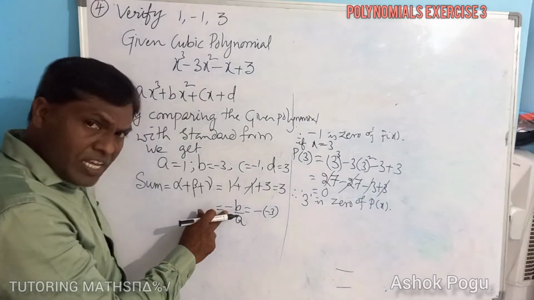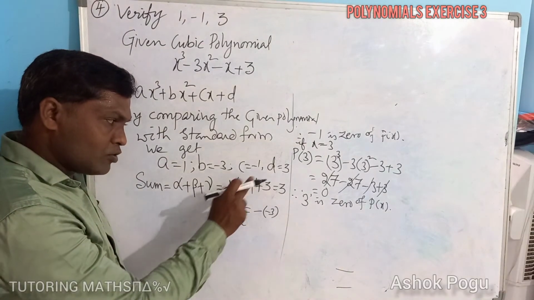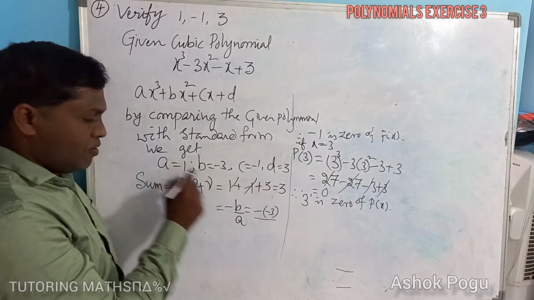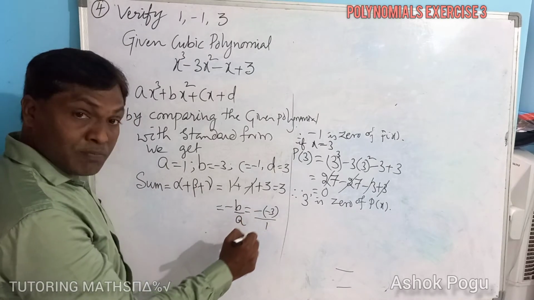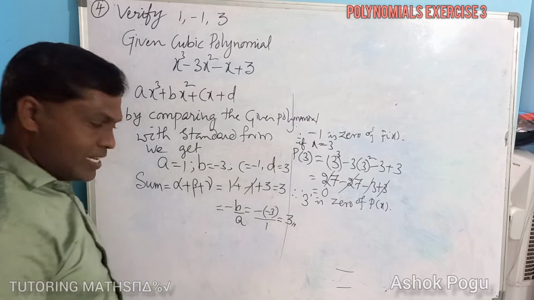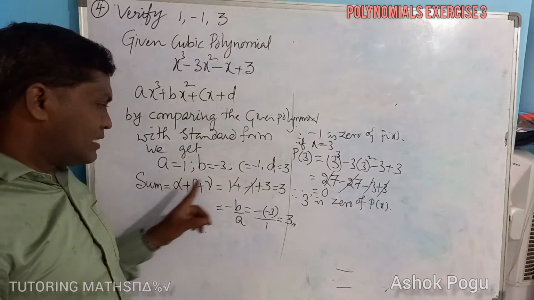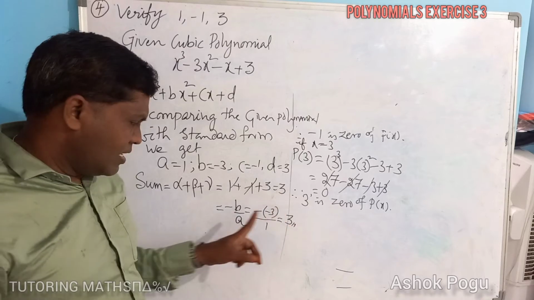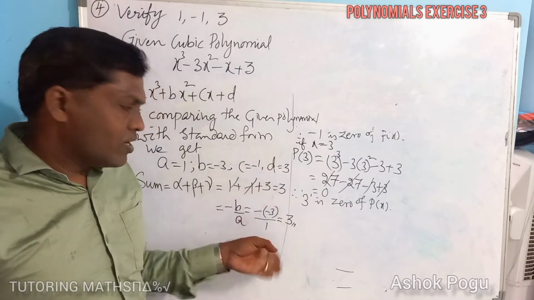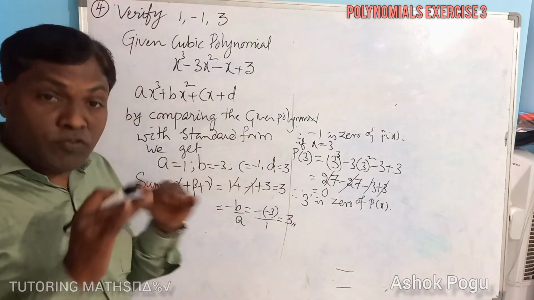In the formula we have minus, and b also is negative. That's why I have taken the bracket. By a, 1, minus into minus plus, that is 3 by 1 is 3. Yes, we got the sum of the zeros is 3, and according to the formula also it is 3. Therefore, the sum is verified.